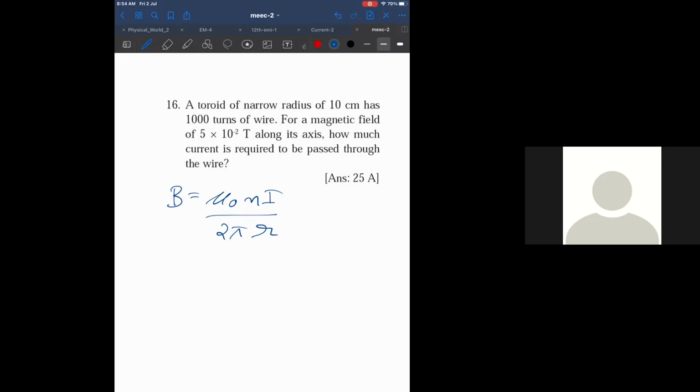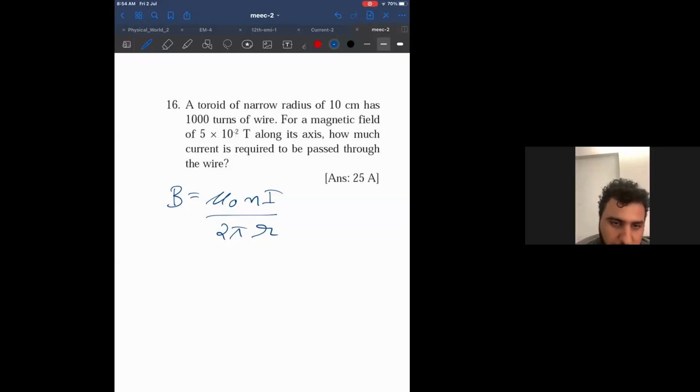Tell me if you guys are getting it. 25 ampere. Sir, it is not matching with the answer on the screen. Getting 25? I'll do it on the screen. Yes, sir.